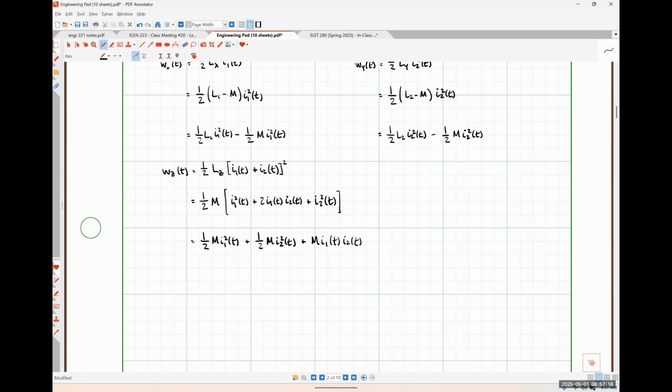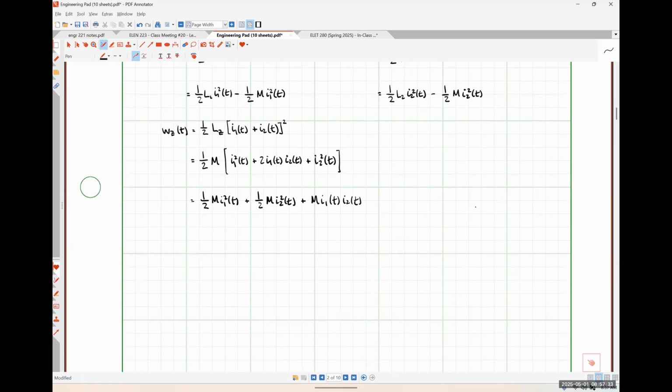So hopefully I'm not stretching too far here, but I believe that we could find our total energy stored by our transformer by simply adding these results together, right? So W total as a function of time is just W_x plus W_y plus W_z.